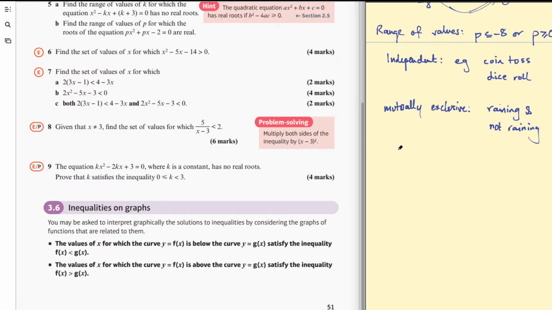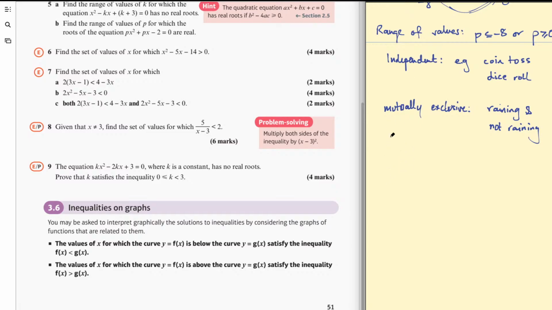So, to answer the question, how can you differentiate between them? I would just say they're two separate ideas. So, independent is talking about the influence of one event on another. So let's try to think of something that's not independent.